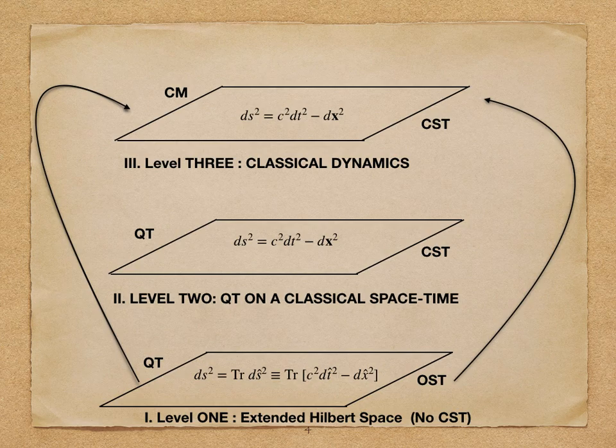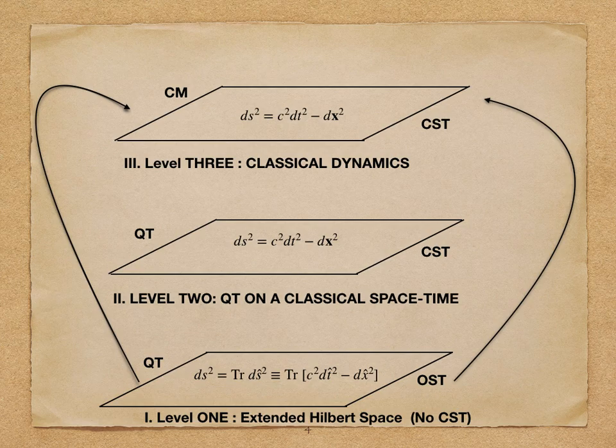Now these 2 arrows show that in order to recover the classical world, we easily can go to level 3. Level 2 is not the best level to go to from level 1. You can imagine that when matter becomes classical, space-time also becomes classical.